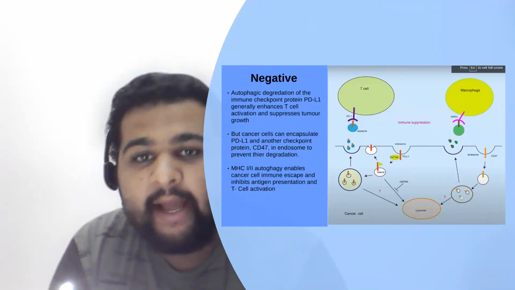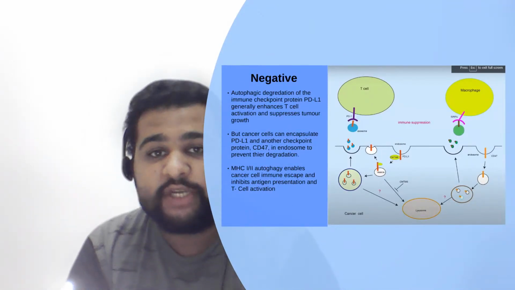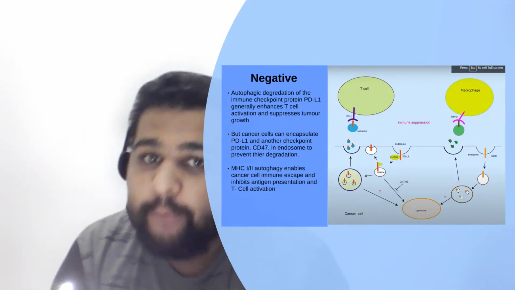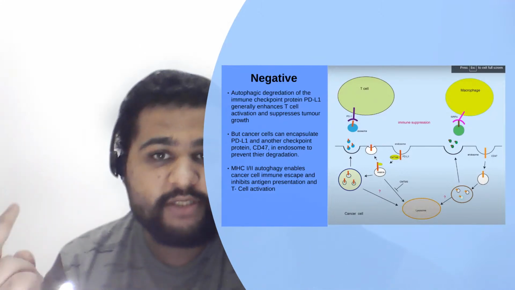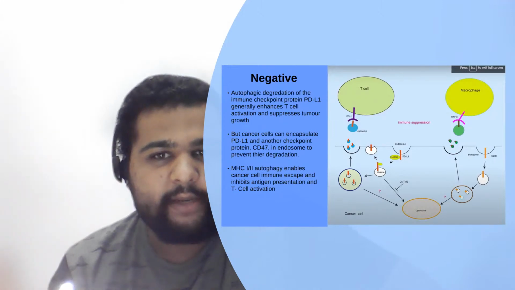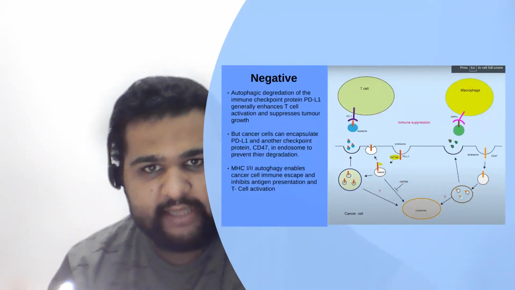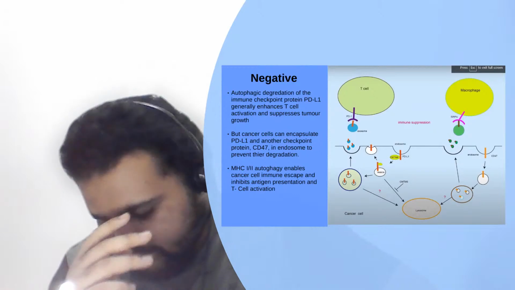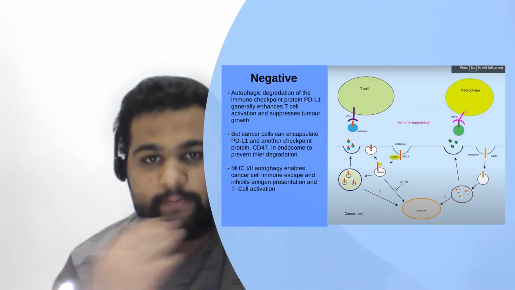So, what are the negative effects now? What could actually happen is autophagic degradation of the immune checkpoint proteins. The two proteins involved are PDL1, which generally enhances T cell activation and suppresses tumor growth.